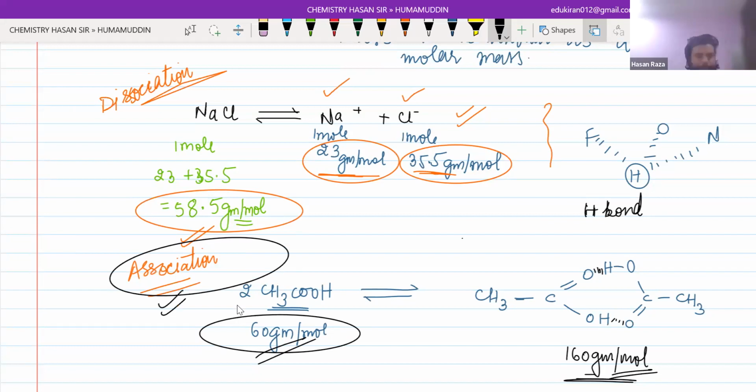Is that clear? So with the help of this molar mass, we are going to introduce this Van 't Hoff factor. Van 't Hoff factor, we denote it with i, and we will be getting some formulas of this Van 't Hoff factor.